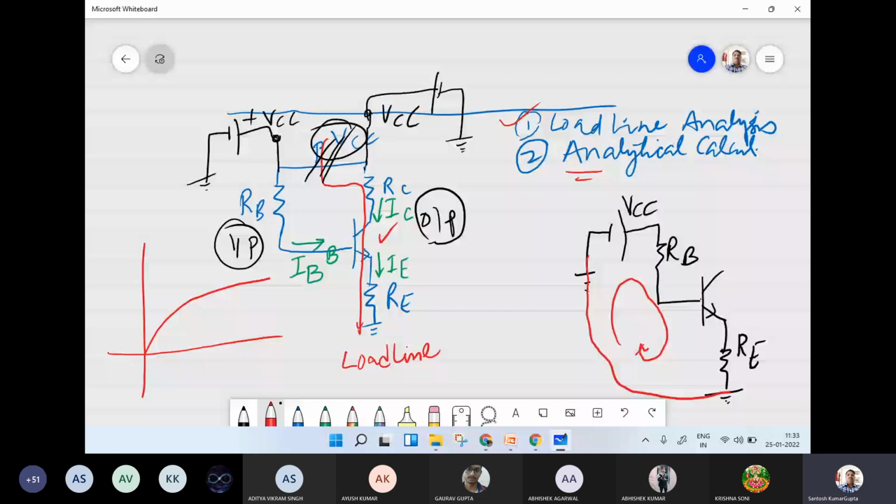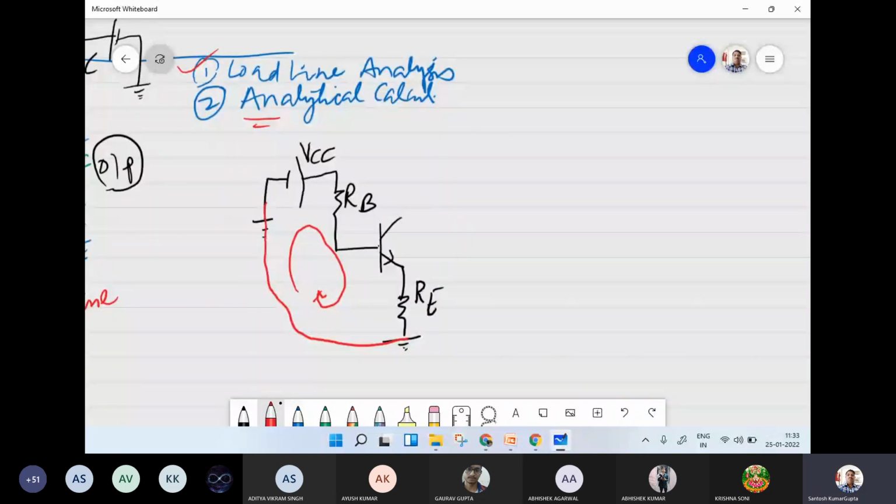Now, unlike the diode circuitry, there is a difference.